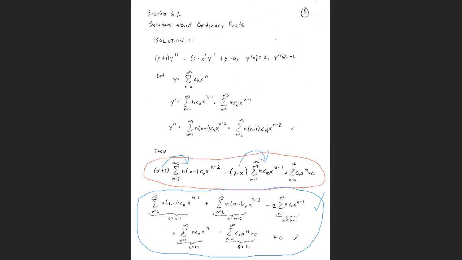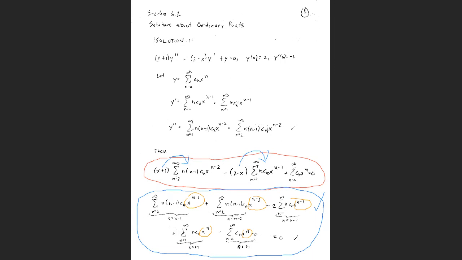Now, naturally, to combine the power series, we focus on the exponents in each power series, the term with the exponent in it. And based on that, that determines how we assign the indexes.